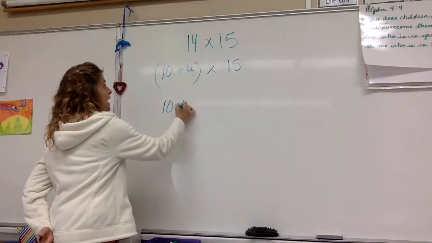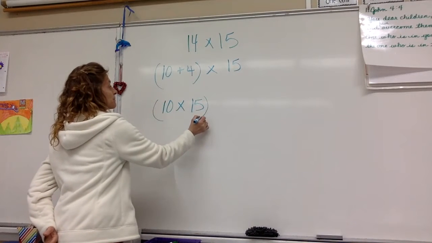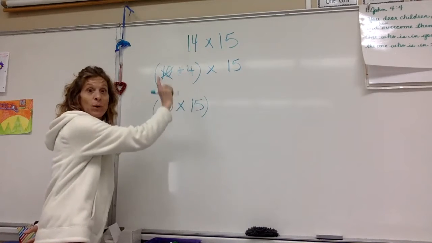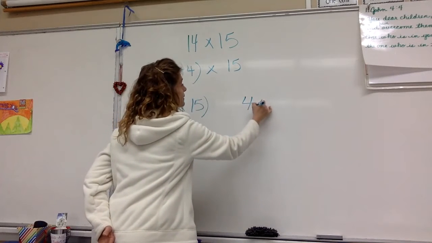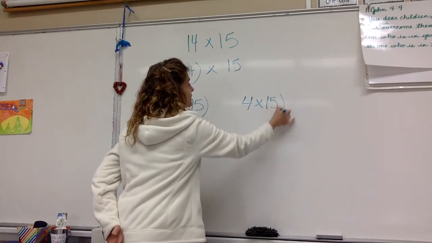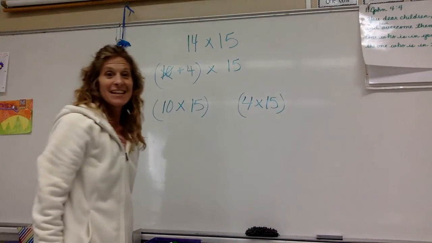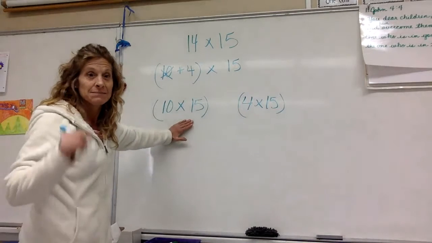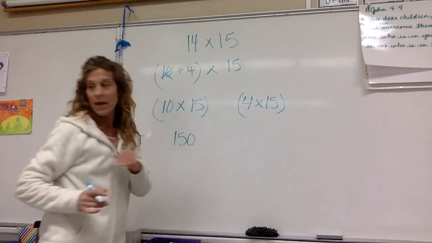10 times 15. Okay? We've done that. Now the 4 has to be multiplied by the 15. So 4 times 15. Okay? So what is 10 times 15? 150. Okay?